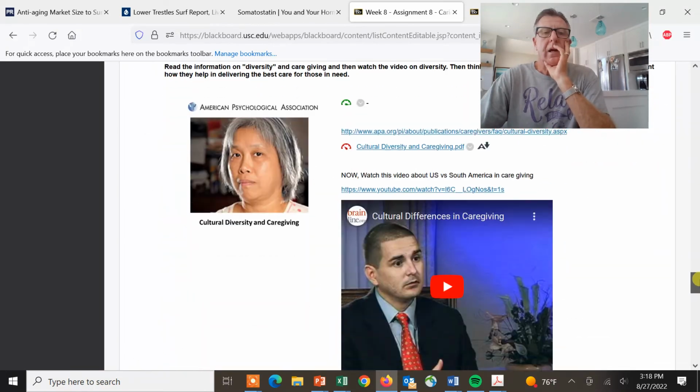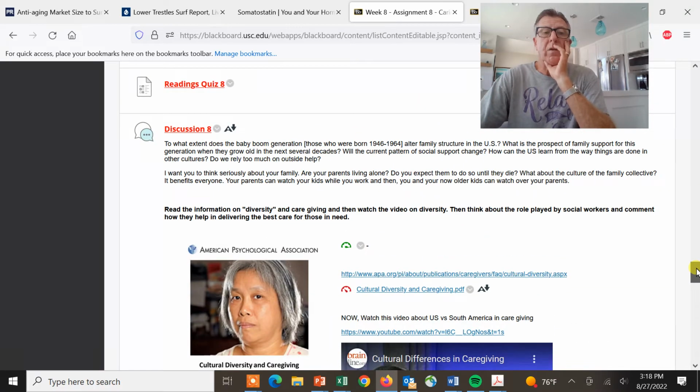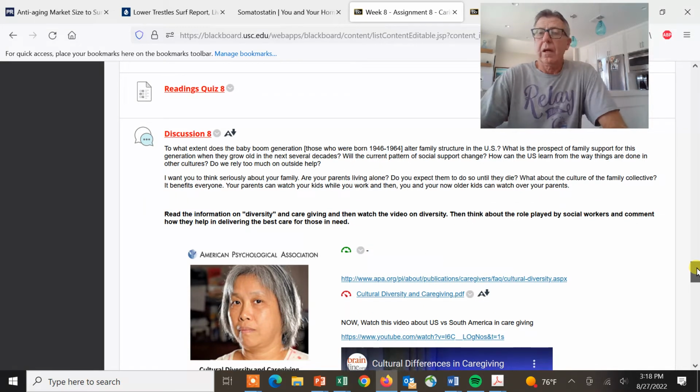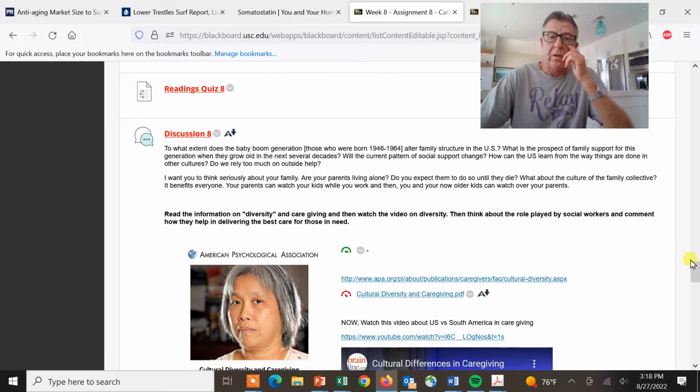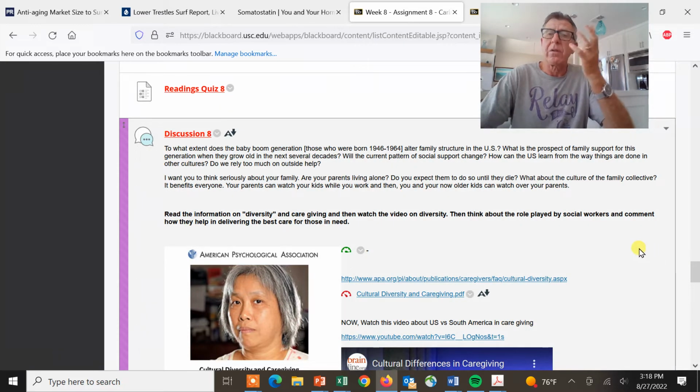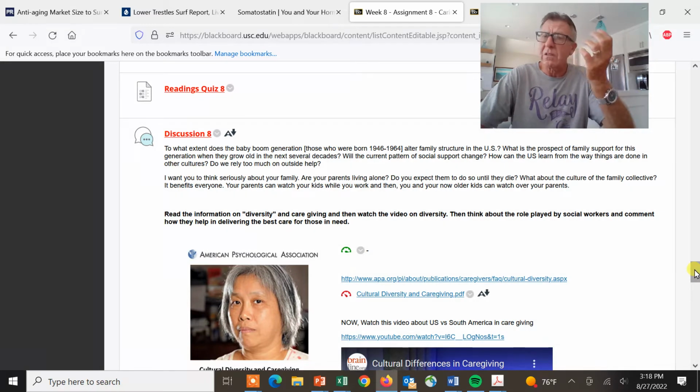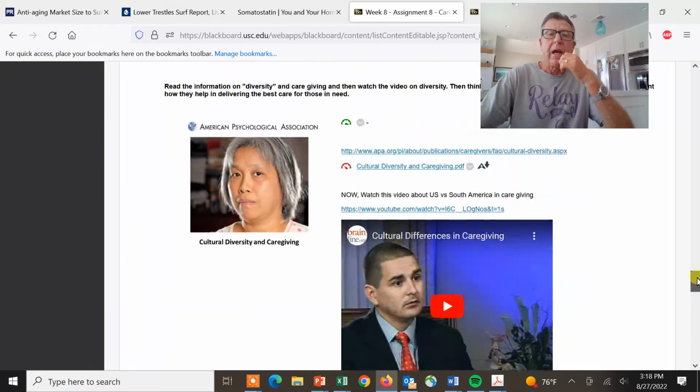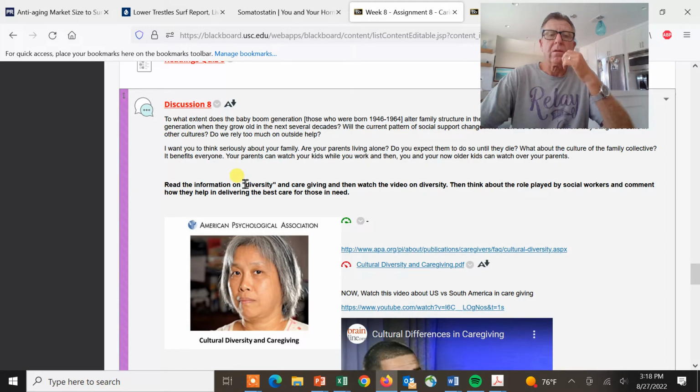okay? And so discussion 8 was a special emphasis on caregiving that has to deal with the diversity in populations, okay? So the different perspectives that you have by having all the different ethnicities or regions that we've grown up in, et cetera, okay? And it also says right here to read this information on diversity.